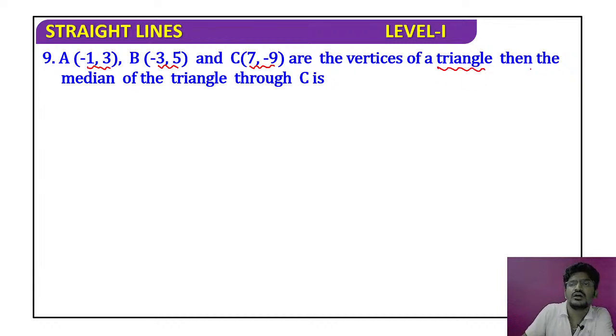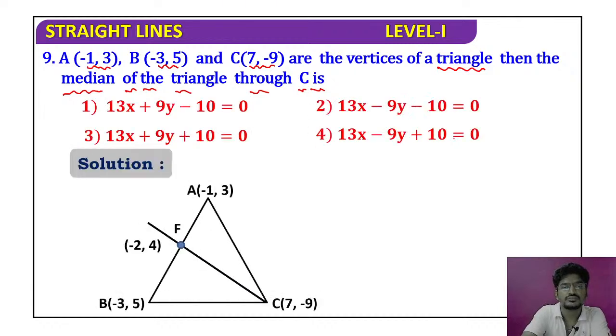Then the median of the triangle through C. That means, see, there is a triangle with A as minus 1 comma 3, B is minus 3 comma 5 and C is 7 comma minus 9.